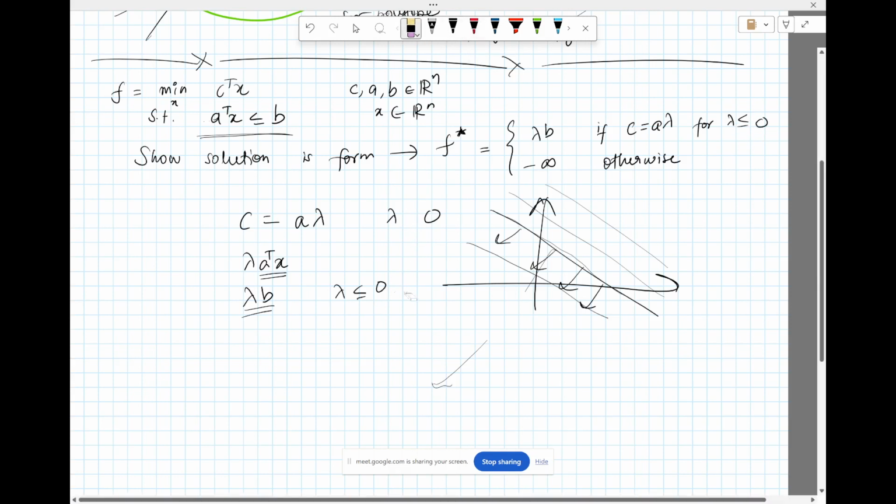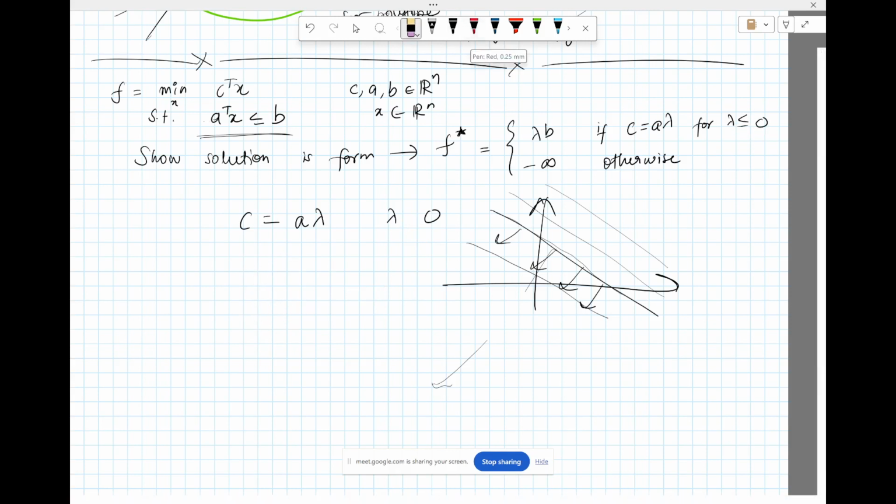And here I am saying, wait, so C is equal to A lambda means C transpose X is equal to lambda A transpose X is equal to lambda B. This is the minimum value it can get when lambda is less than 0.